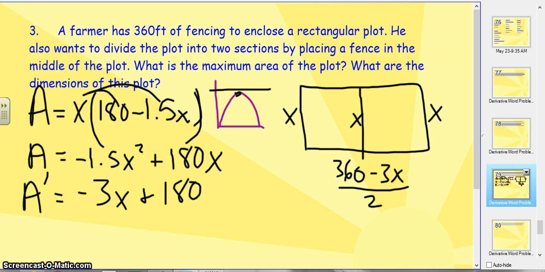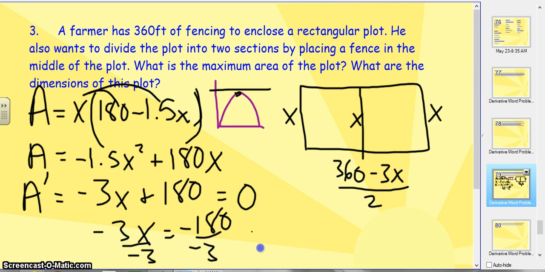And then we're going to set that equal to 0. So negative 3x equals negative 180, divided by negative 3. x equals 60.